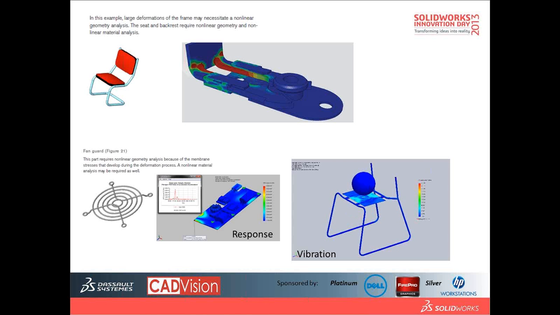And for example, the fan guards, there is a lot of bending operation in the manufacturing process. How can we give the proper CAD models to help on the manufacturing side to increase our product quality? We can investigate the phenomena using nonlinear analysis.